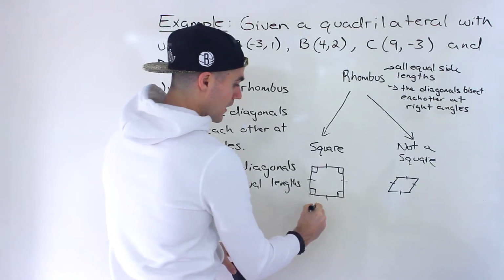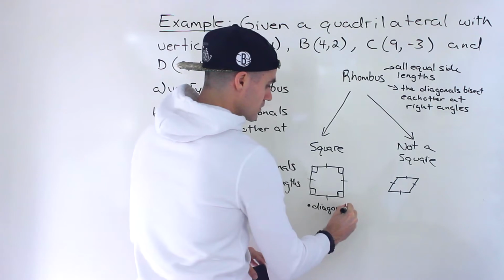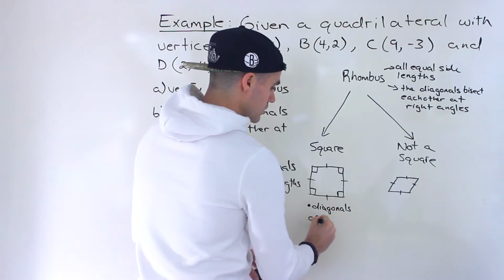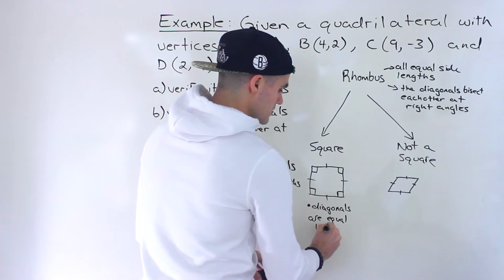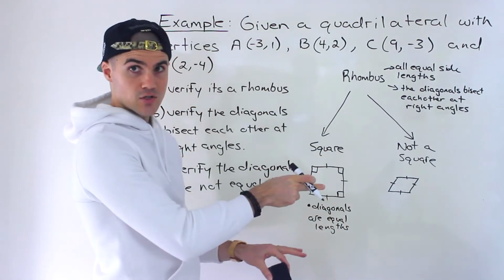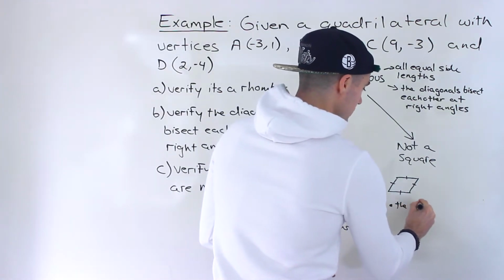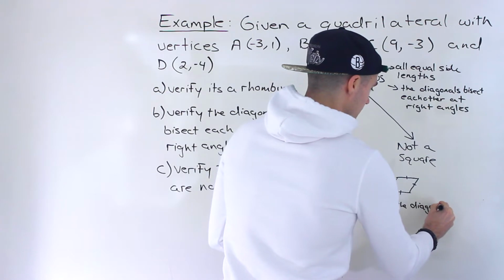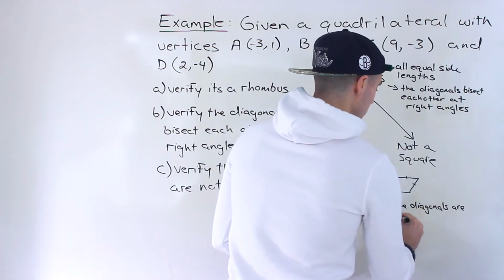And in a square, the diagonals are equal lengths. And if a rhombus is not a square, then the diagonals are not equal lengths.